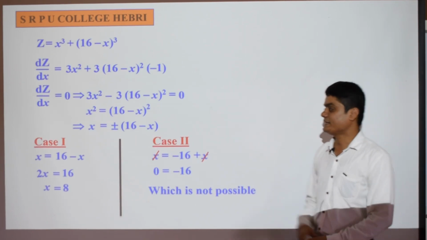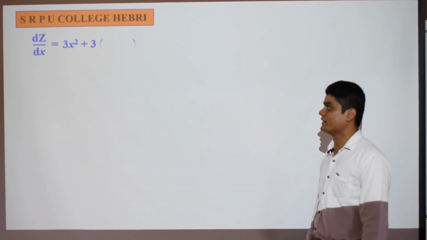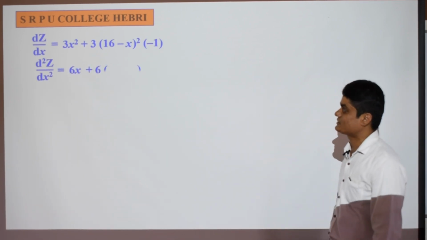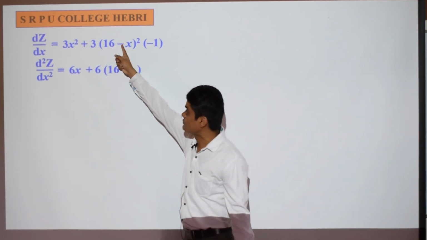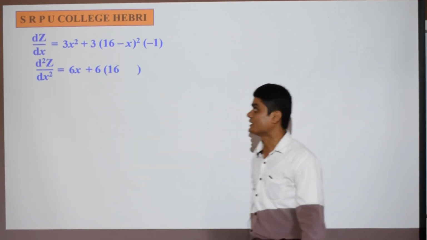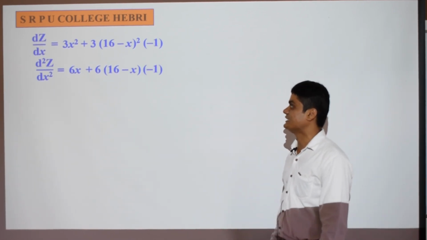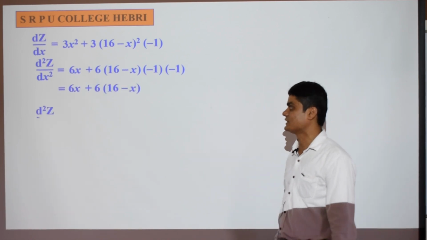So now after getting the critical point, you have to differentiate again, d square z by dx square. Differentiate this expression again with respect to x, you will get 6x plus, after differentiation this will give a minus sign, so it becomes plus. And 2 will be multiplied with 6, so 6 into 16 minus x into minus 1 and minus 1, so it is 6x plus 6 into 16 minus x.